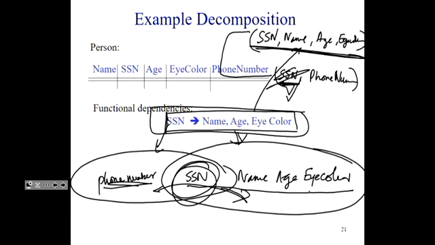It's a key for that relation and therefore a super key, and therefore we are in good shape with that relation. The other relation is SSN and phone number. There are no functional dependencies that apply to that relation, and therefore it once again is in Boyce-Codd normal form, and therefore the decomposed relations are in Boyce-Codd normal form.